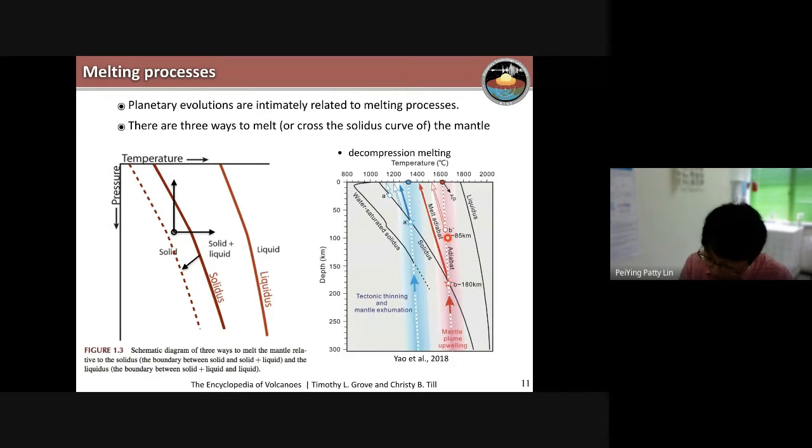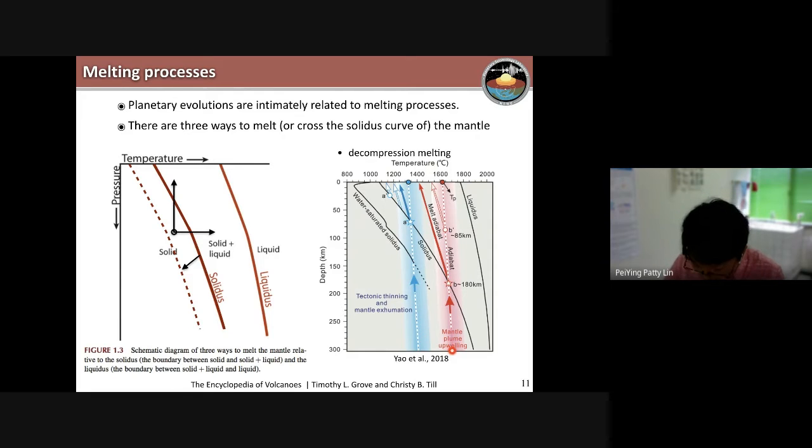This shows a very common melting called decompressional melting, or lower pressure. Melting the mantle, or the rock in planetary interiors, by lowering its pressure is the most common mechanism in the Earth's interior. What does that mean?